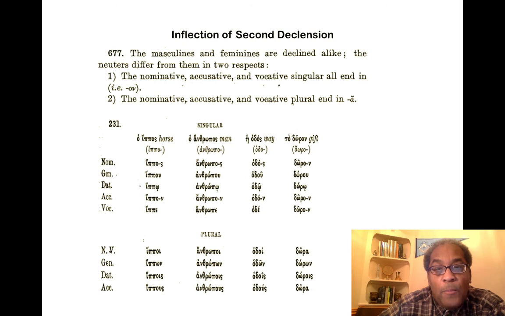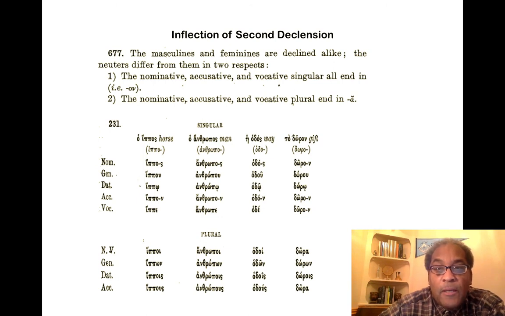And anthropos: anthropos, anthropou, anthropoi, anthropon, anthrope, anthropoi, anthropon, anthropois, anthropous.